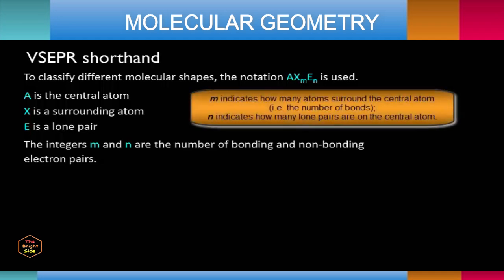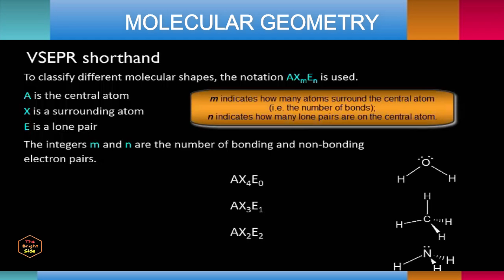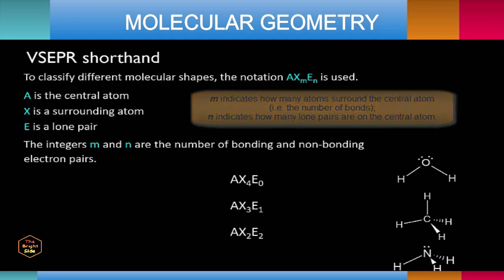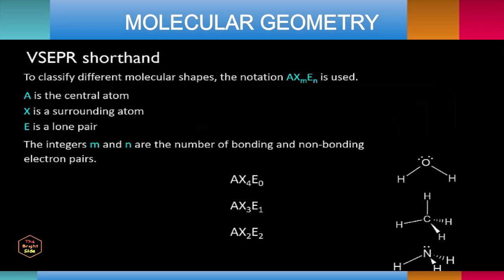So, try this. Which of these three VSEPR shorthand notations on the left matches with each molecule on the right? See if you can pause the video and work it out. So, methane, with 4 bonds around the central atom and no lone pairs, is denoted AX4E0.